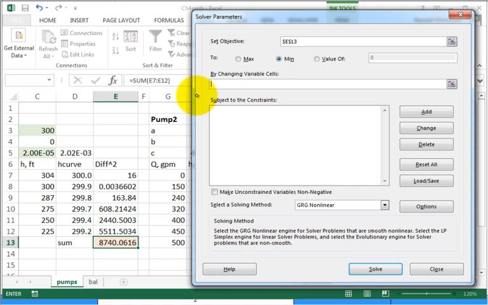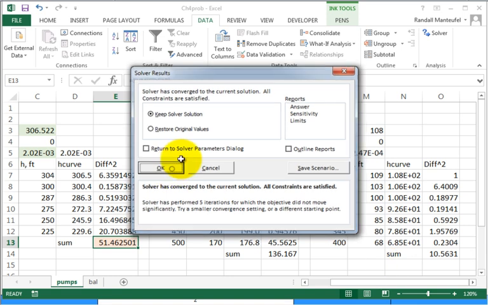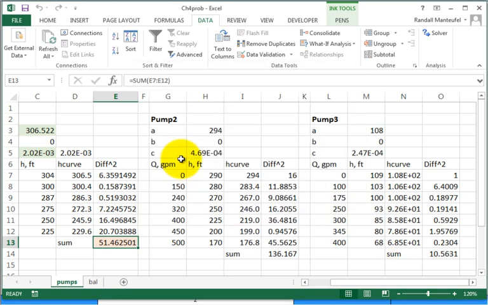Which variables do I want to change to minimize that objective function? I'm going to change that cell, comma, and that cell. So 2 cells it's going to work on to try and minimize. And you cross your fingers. It never works the first time, but I worked this out before class, and there it is.